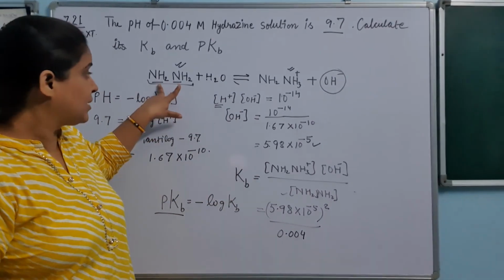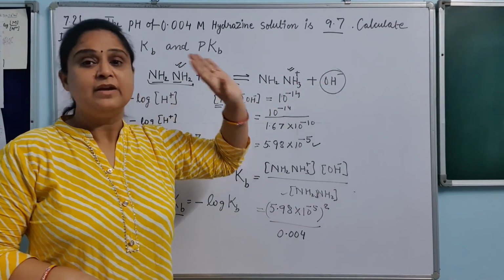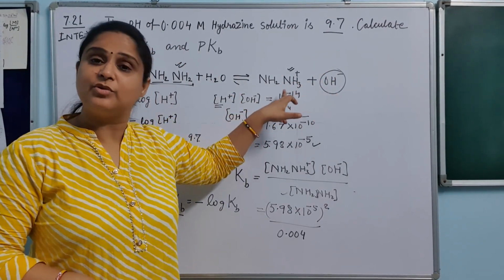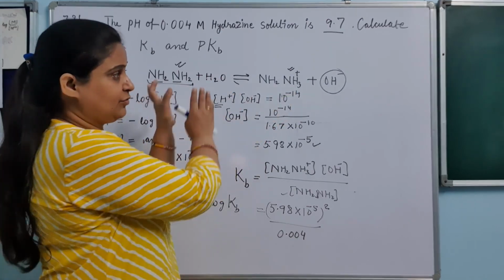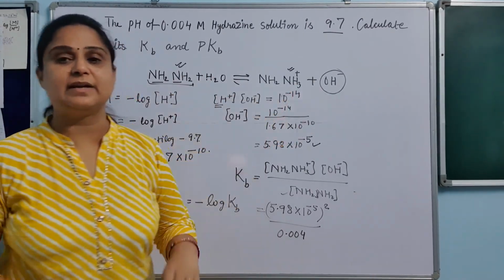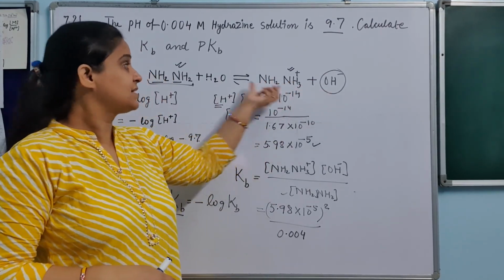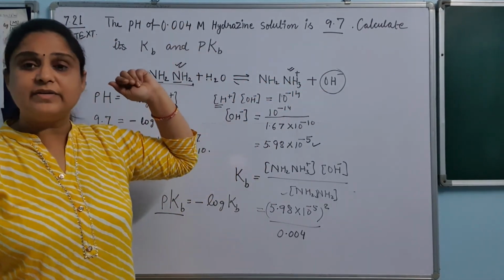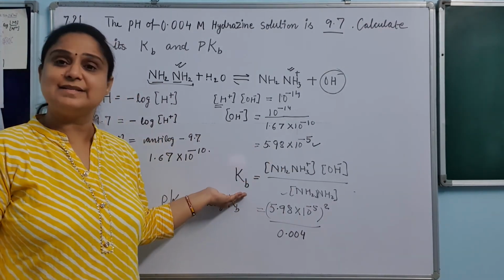One mole of hydrogen reacts with 1 mole of water to give 1 mole of this and 1 mole of this ion. It means you know the concentration of this, and its molarity you are already given. So if the molarity is already given, we can calculate the Kb easily.